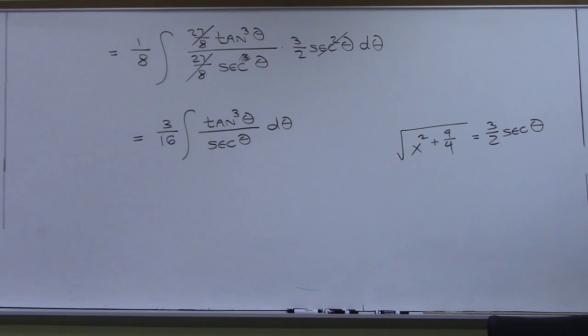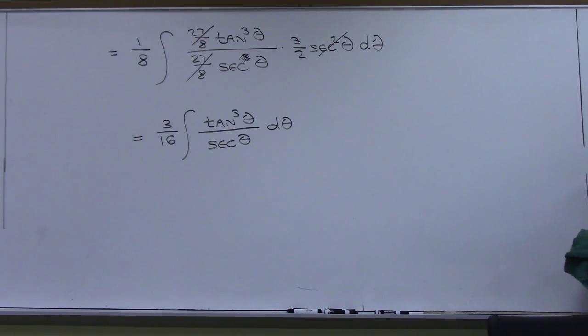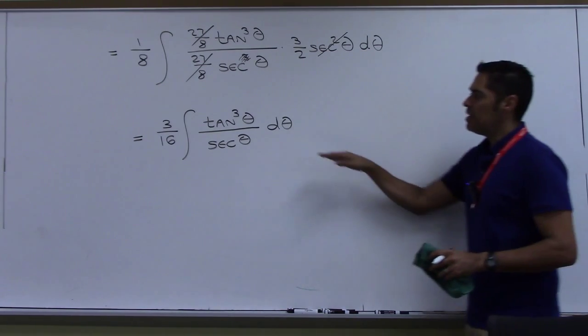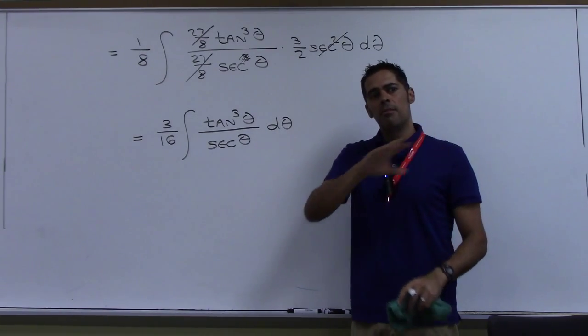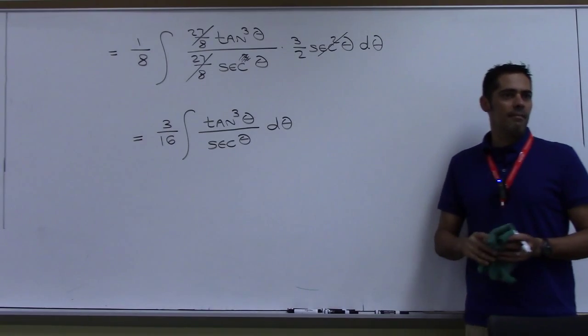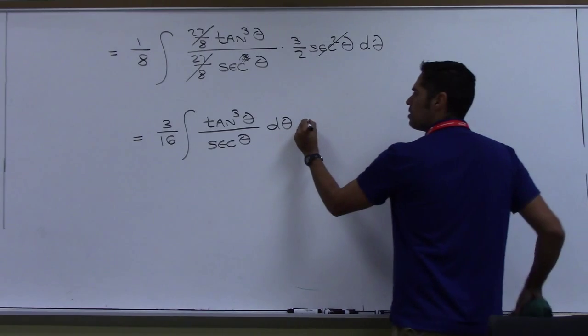How do you want to split the tan cubed? You mean rewrite it all in terms of sine and cosine? That's what I would do. If it were secants and tangents together in the numerator, I would start playing with that second method. But because I have a secant in the bottom, the initial instinct is to rewrite everything in terms of sine and cosine.